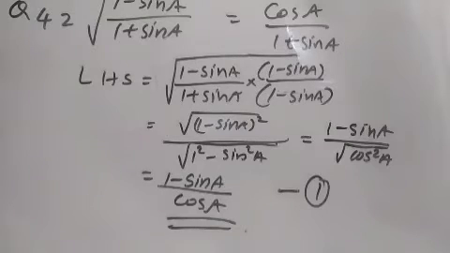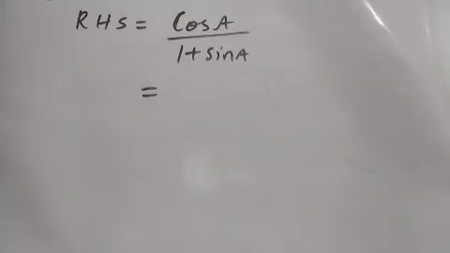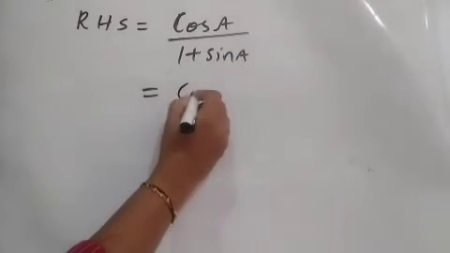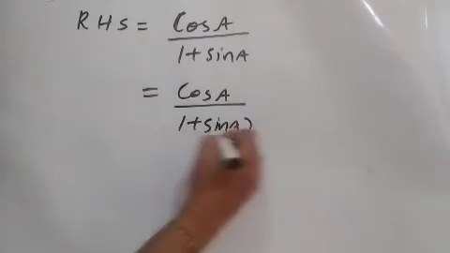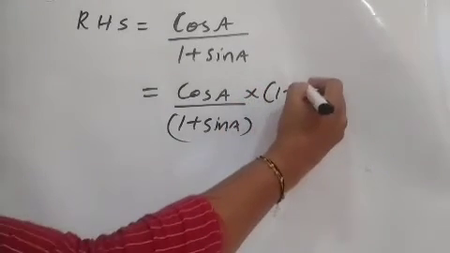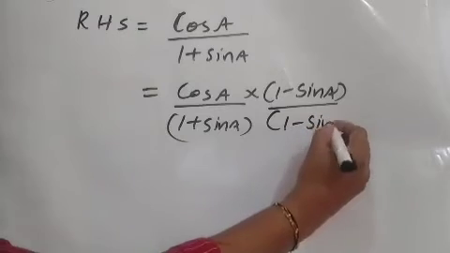And we can simplify the right side also. If we get the same simplified answer for LHS and RHS, it means LHS equals RHS, no? We can do that method here. Here the RHS is cos A by 1 plus sin A. Let us simplify this. Cos A by 1 plus sin A, multiply by the conjugate, 1 minus sin A, on numerator and denominator.